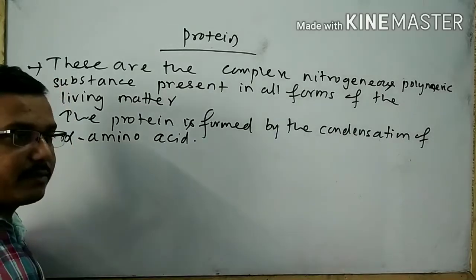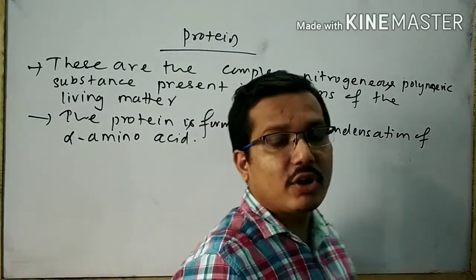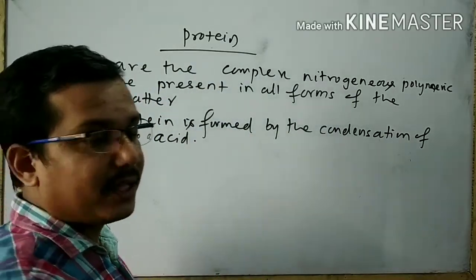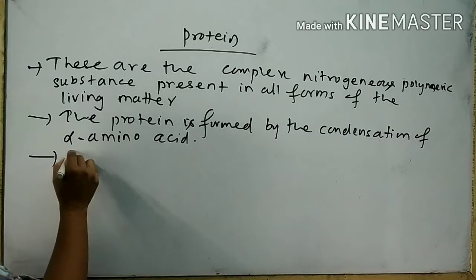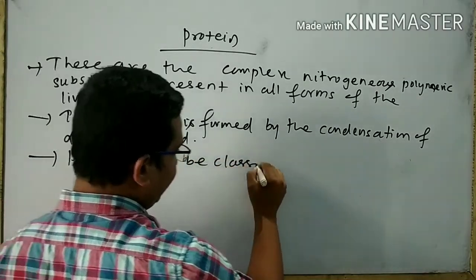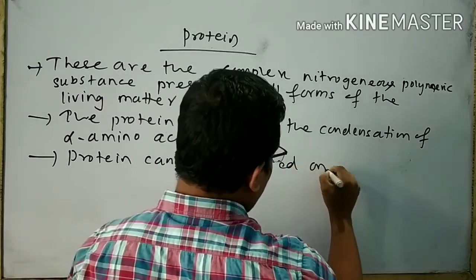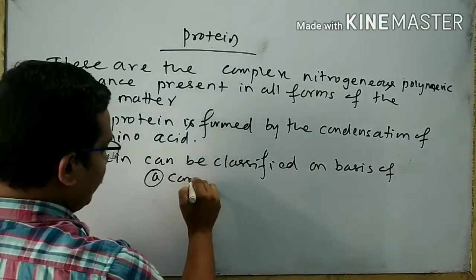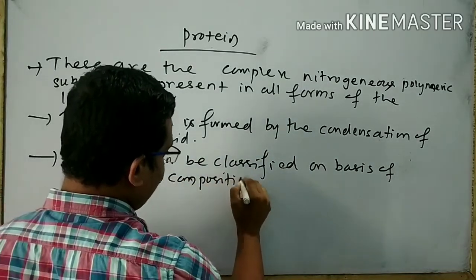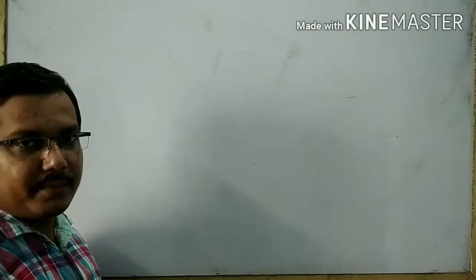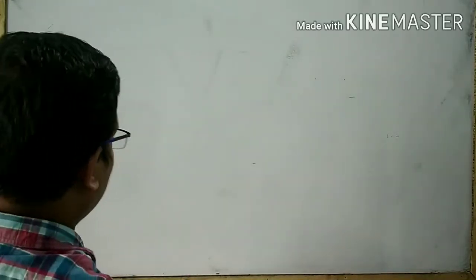Protein can be classified in different ways. Generally we think about the classification of protein on the basis of their composition, and another is the classification of protein on the basis of their function. So we can write protein can be classified on the basis of number one composition, number two function. At first I will discuss about the classification of protein on the basis of their composition.